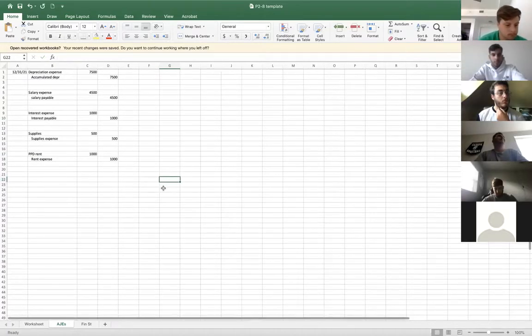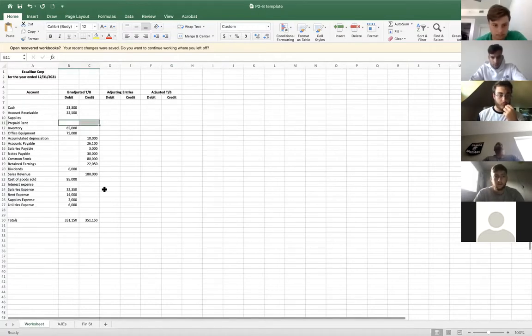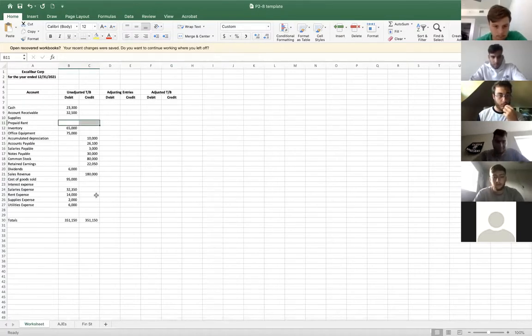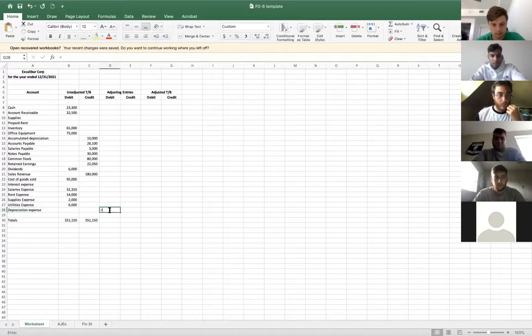Now let's post these to the worksheet. Am I going to hard code or am I going to do cell reference? Reference. Exactly. So depreciation expense and accumulated depreciation. I'm going to come here to depreciation expense and add it. Over here in adjusting entries, I'm going to put equal.